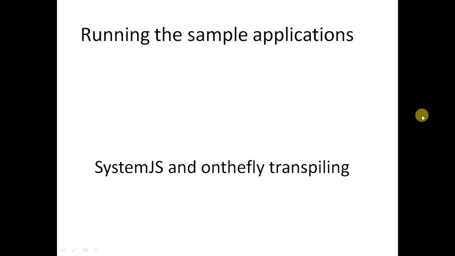Typically, the code that comes with each lecture has several sample applications. To run a particular application, you will need to make a one-line change in the configuration file of SystemJS to specify the name of the main script that you want to run.